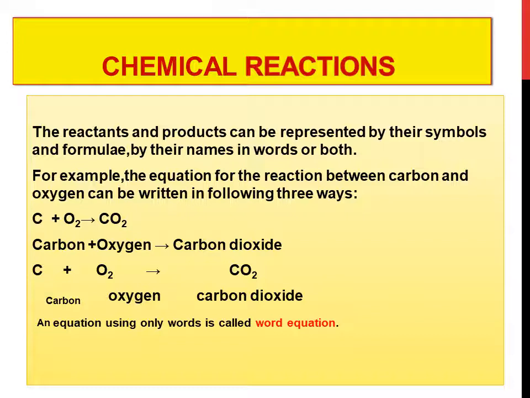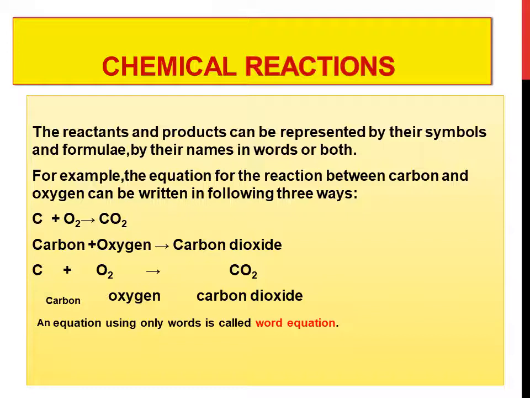For example, here the equation for the reaction between carbon and oxygen is written in the following three ways. First way is the representation only by the symbol or the formulae. We know that C stands for carbon, O2 is oxygen. On the right hand side, it gives the product carbon dioxide. So that is the first.